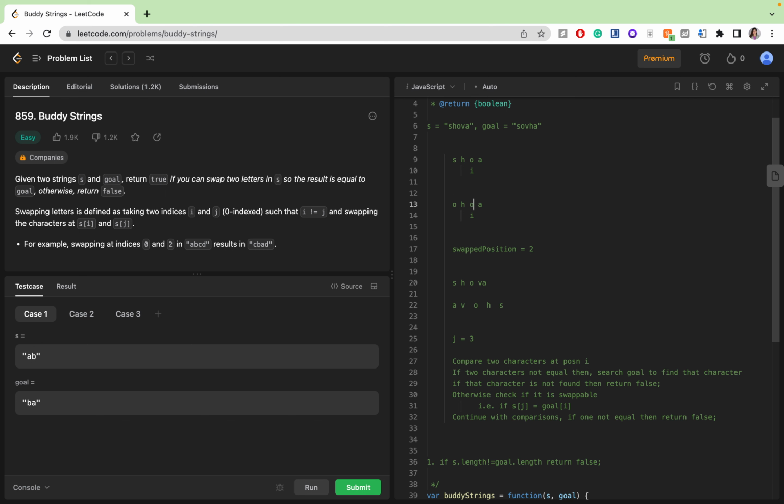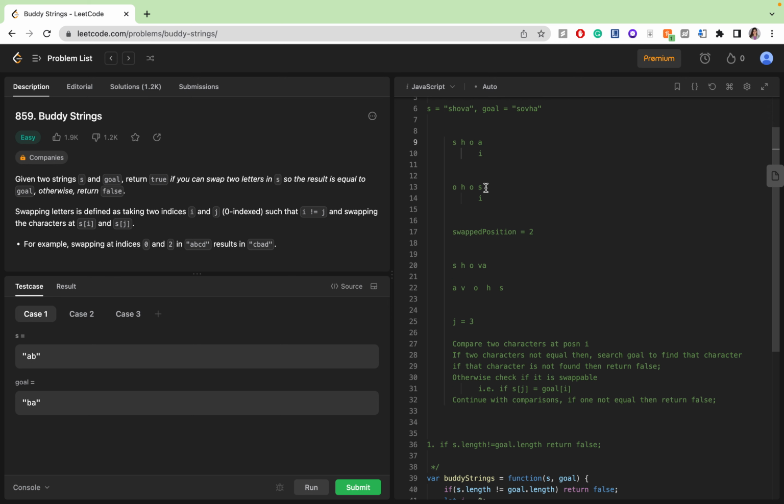Suppose this is also equal to O, it will continue looking at this. Okay, now A and S, they are not equal, but these are already swapped, isn't it?